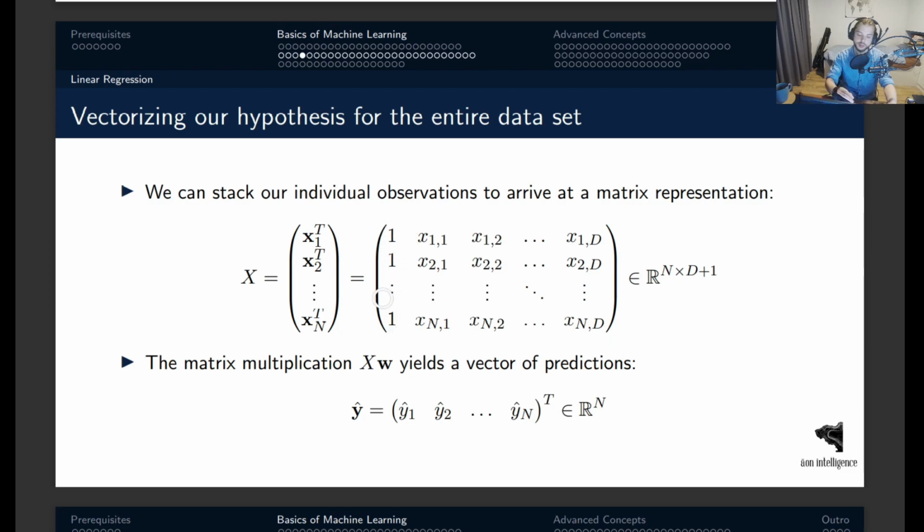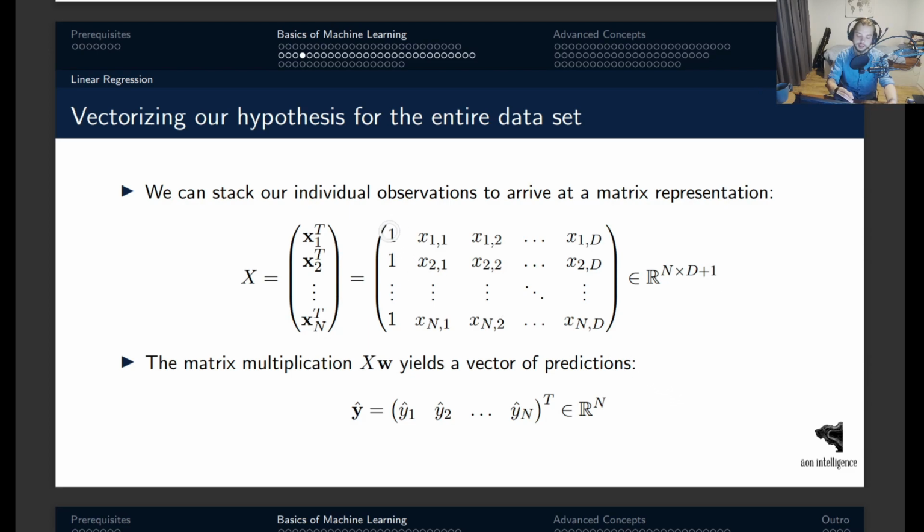The first column is just the one that we add in order to be able to include the bias or the intercept in our model formulation. And the rest of each row corresponds to the original feature vectors. This is the original x1, this is the original x2, and this is the original xn. And this feature matrix has the dimensionality n times d+1.